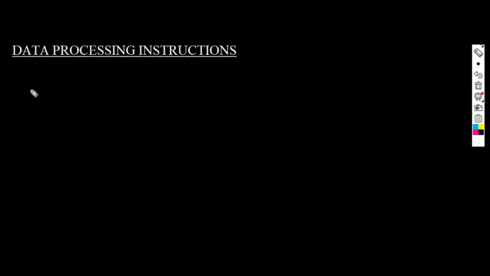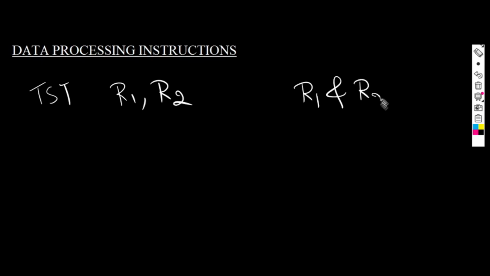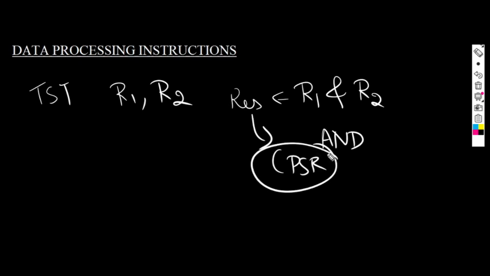Next we have TST, test. What actually happens here is an AND operation is performed between R1 and R2, a bitwise AND operation, and the result of that is not stored anywhere, but based on the result, the conditional flags of CPSR are updated.